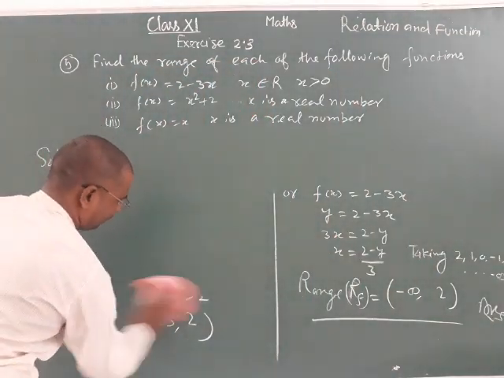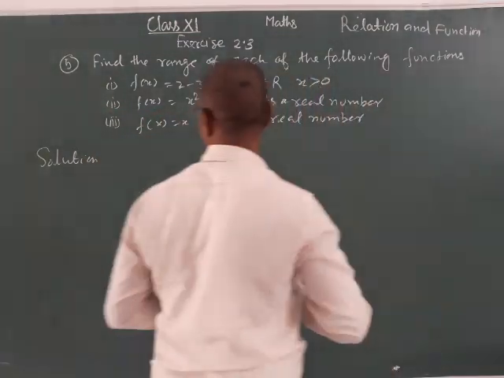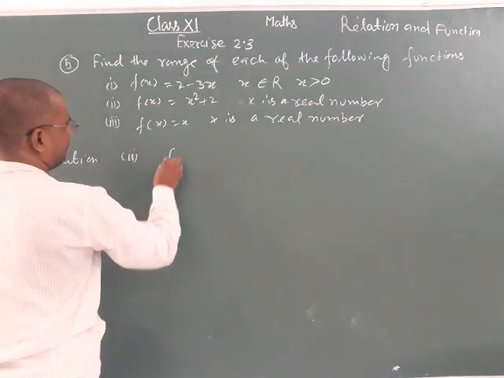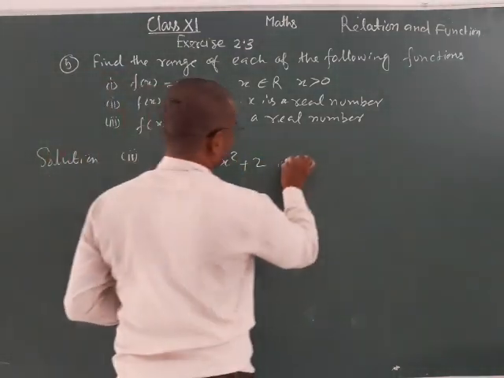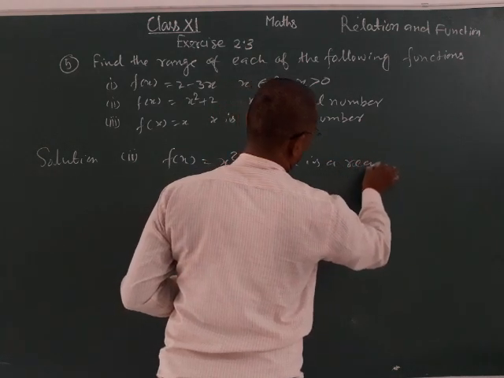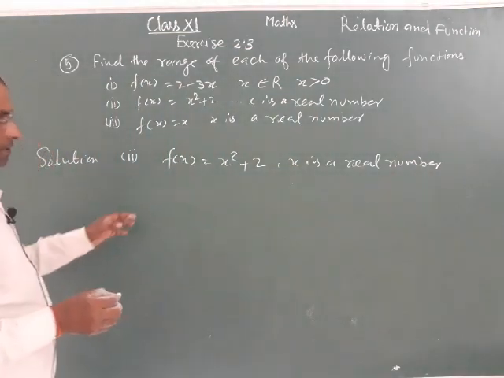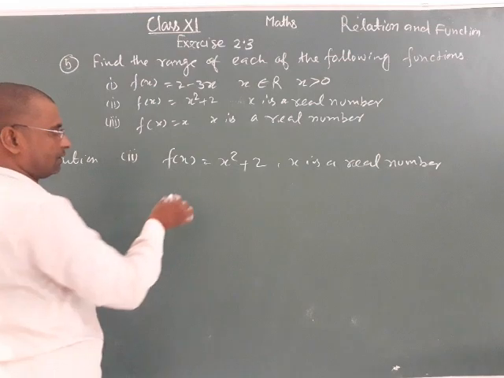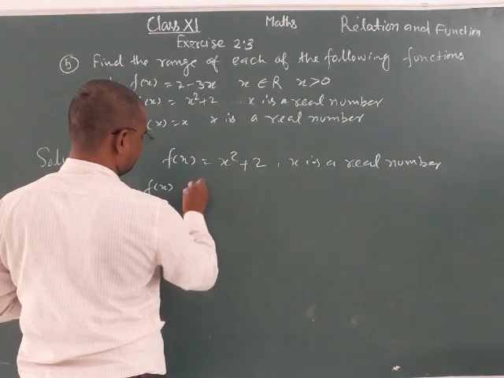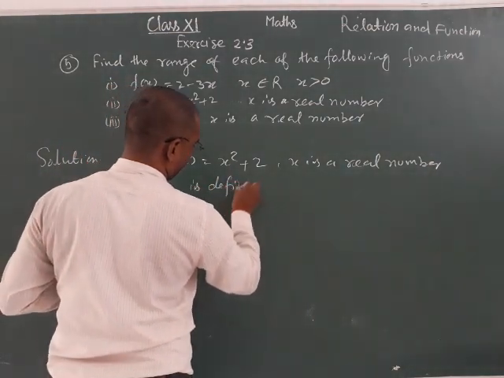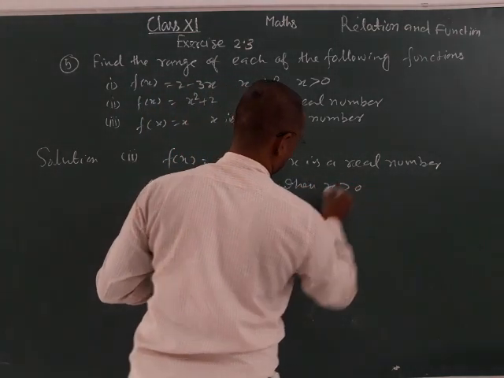And also the second part of the function. Second, f(x) = x square plus 2, and x is a real number. It is defined when x is greater than 0.